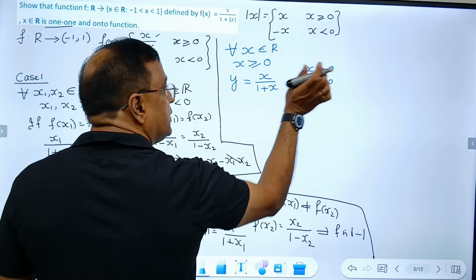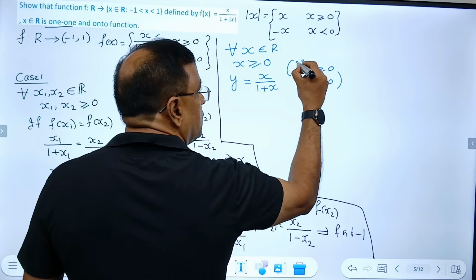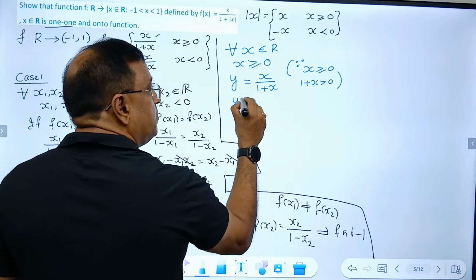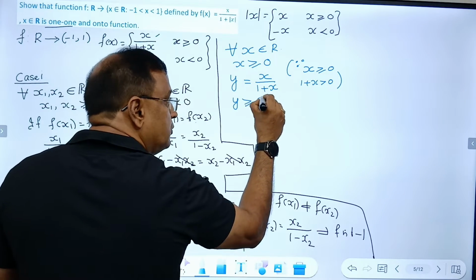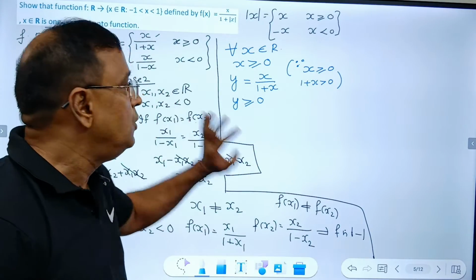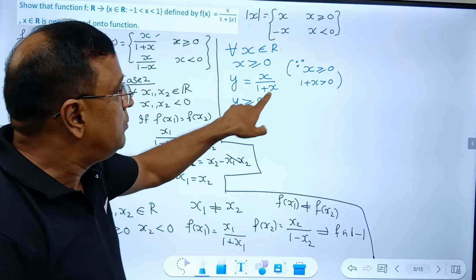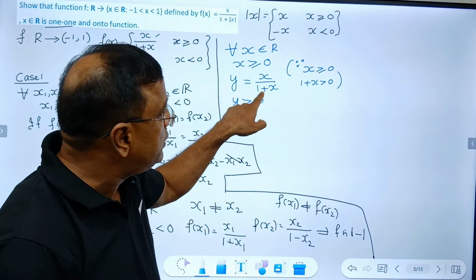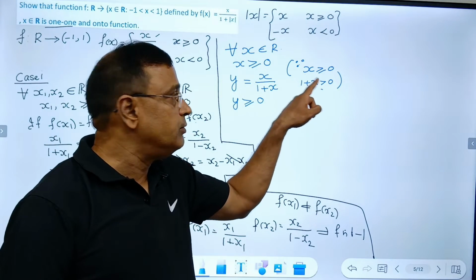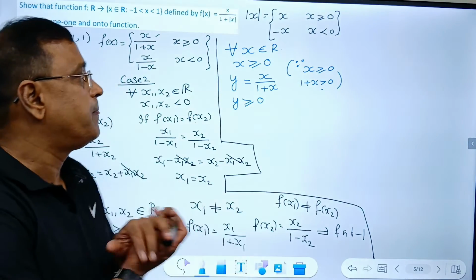So can I say clearly, because of this reason, y will be greater than or equal to 0. Because when x is 0, y will be 0. So definitely y will be greater than or equal to 0, because the numerator is positive and the denominator is also positive. x is positive, so 1 plus x obviously will be positive.